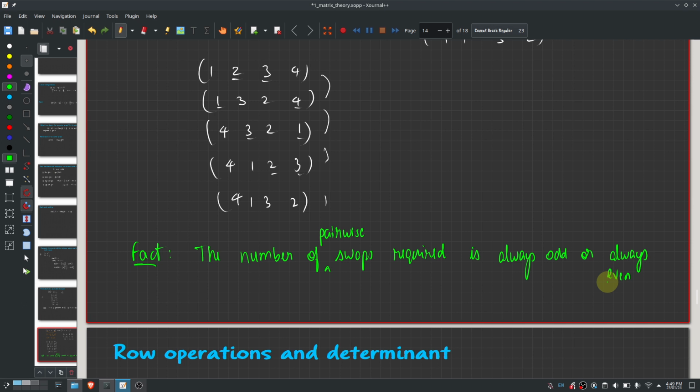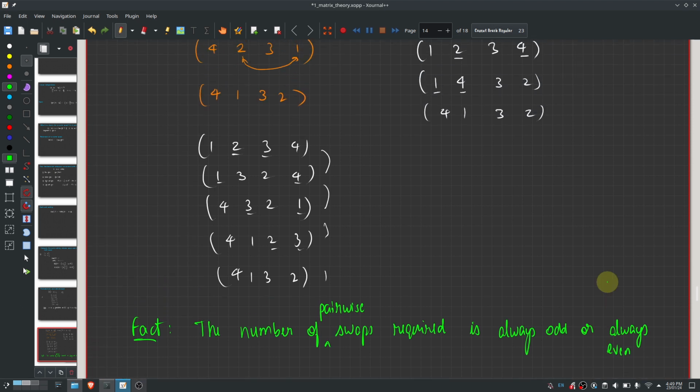And in fact, the number of pairwise swaps need not be unique, right? Because I could potentially take 1, 2, 3, 4, get to 4, 1, 3, 2, and then do two more swaps. I could exchange 3, 2, and then once again exchange 3, 2, and get back the same permutation.